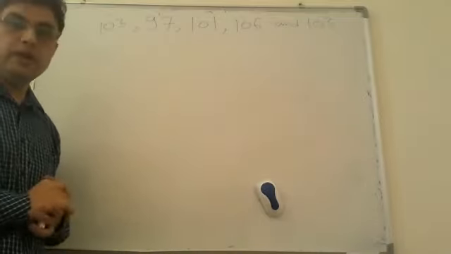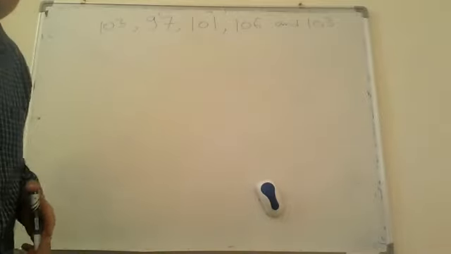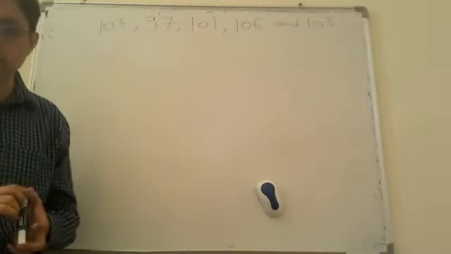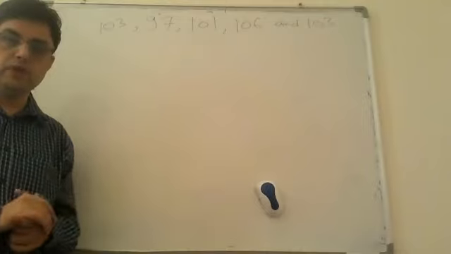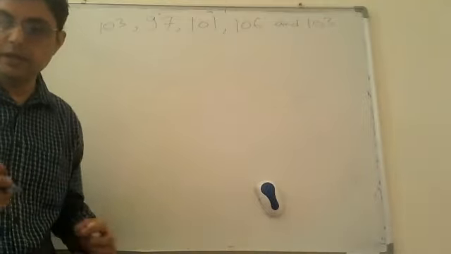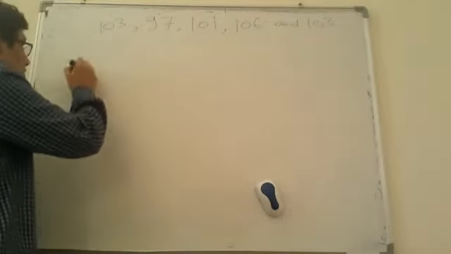If we need to find the mean deviation of these values, first we have to find the mean of all the values. Because it is raw data, you can find the mean easily. The total is 103 plus 97 plus 101 plus 106 plus 103. How many numbers? 1, 2, 3, 4, 5, so 5.